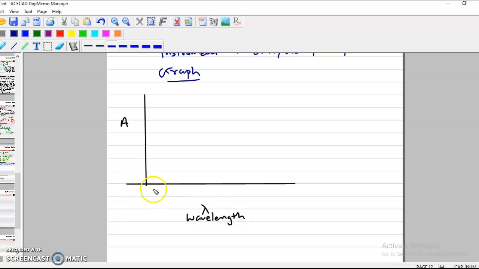And the range of the instrument is 200 nanometer to 800 nanometer. So we get a graph between these two only.